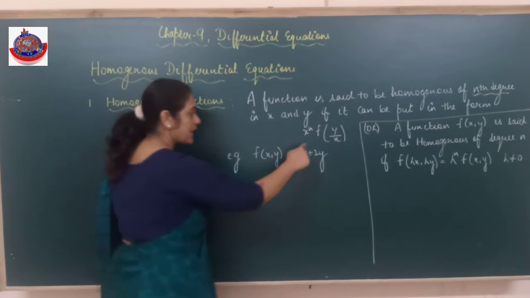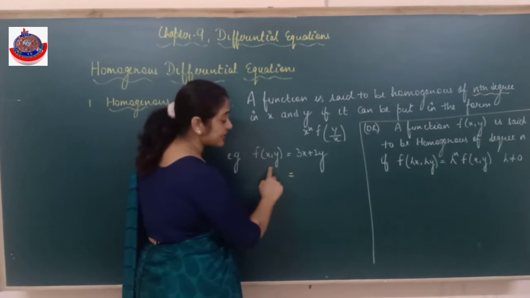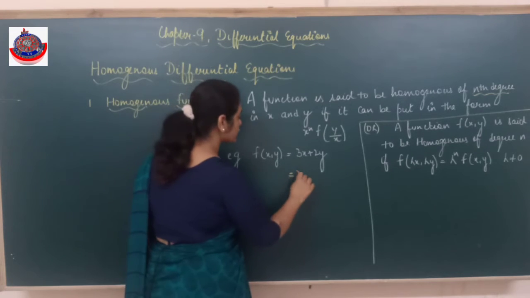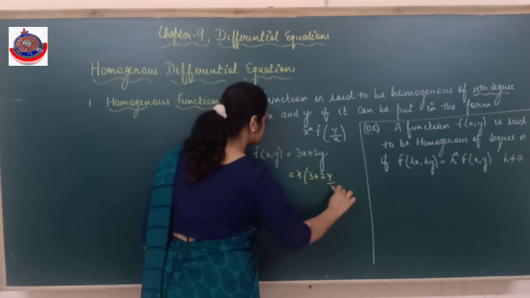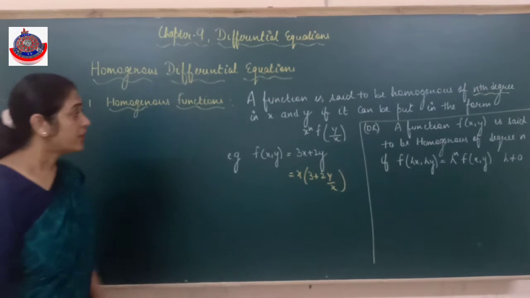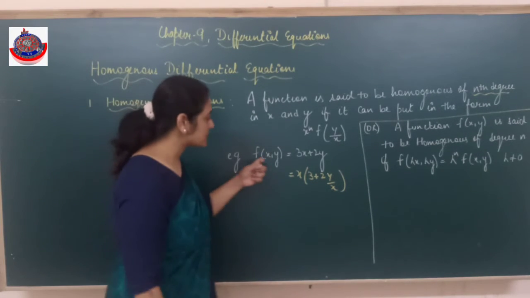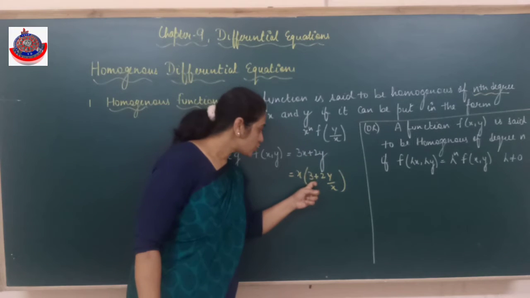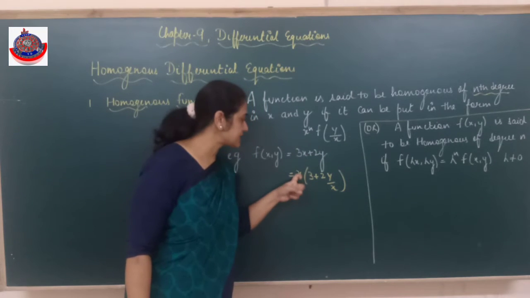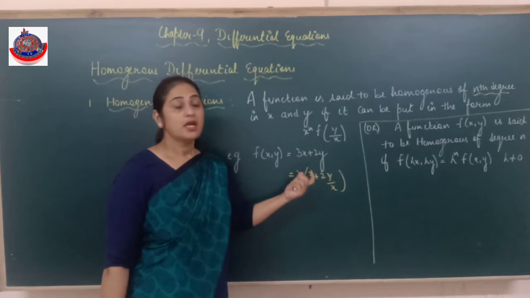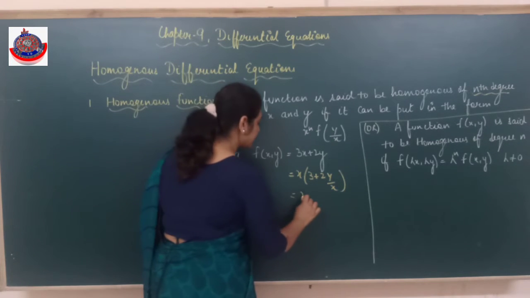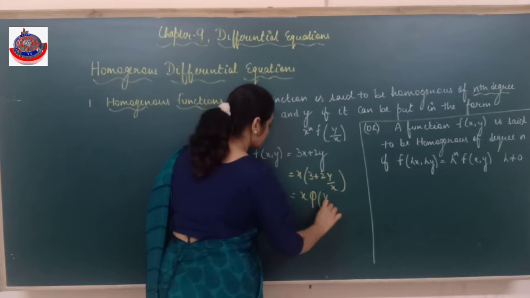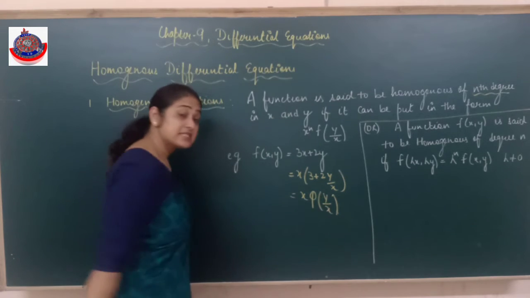Now if you look at the example f of x, y, if I take x common, it is 3 plus 2y upon x. So my function, which was 3x plus 2y, I have taken x common because it is of degree 1, and the whole function changed into y upon x.